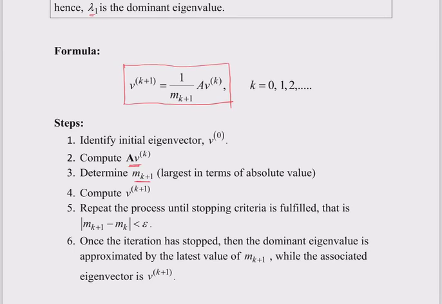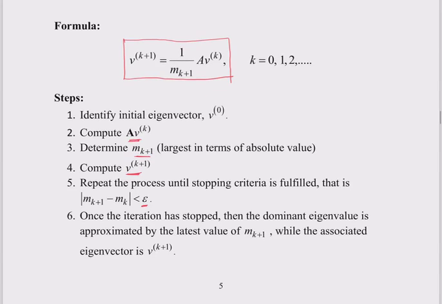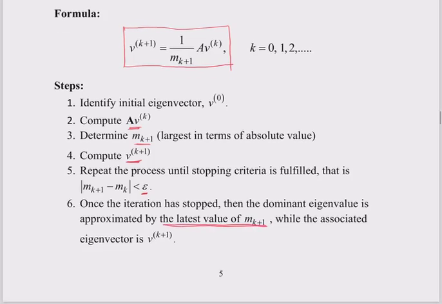And then next, we compute the new vector and repeat the process until our stopping criterion is satisfied, sometimes using the symbol epsilon. And once the iteration stops, the dominant eigenvalue is approximated by the latest m value. This is our eigenvalue, while the associated eigenvector is v k plus 1.